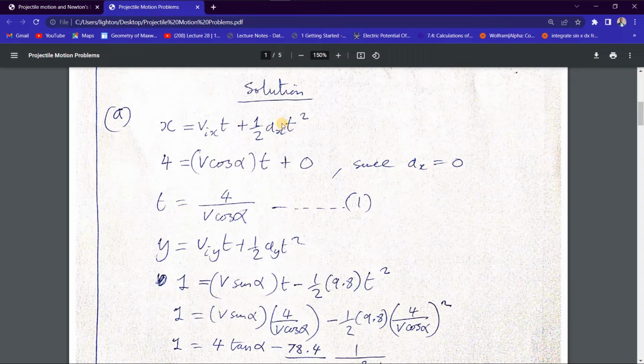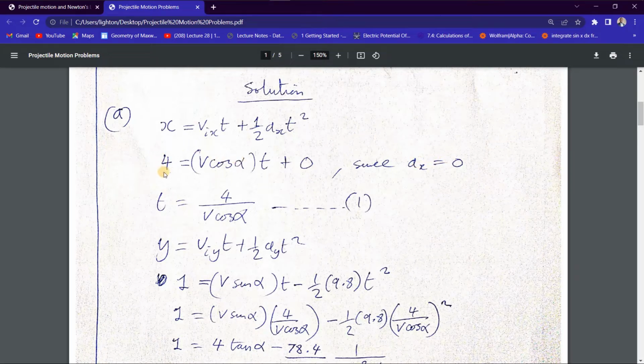There is no acceleration in the x-axis. So the x component of acceleration is just 0. There is no acceleration experienced in the horizontal motion. That's why it is 0. And it's written here: a subscript x equals 0.